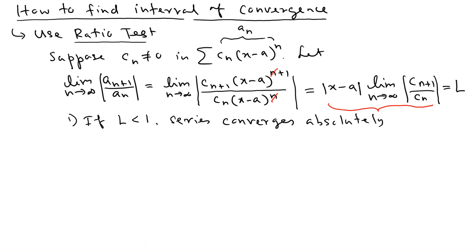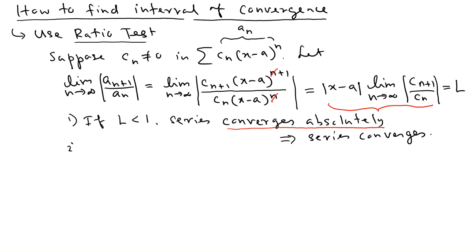This in turn implies that the series converges, because we know that if a series converges absolutely, it converges. So we have more information. If L is less than 1, the series converges.